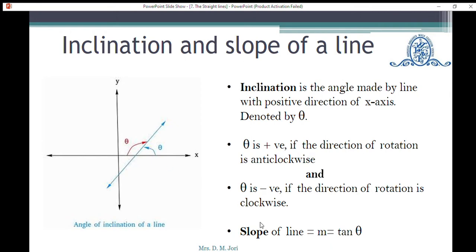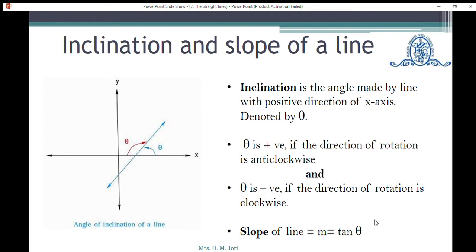After that, the next is slope of line. Slope is generally denoted by small m, and the formula to find slope is simply tan theta. It's the tangent of inclination. So if the inclination is known, we can easily find slope of that line by using the formula tan theta.